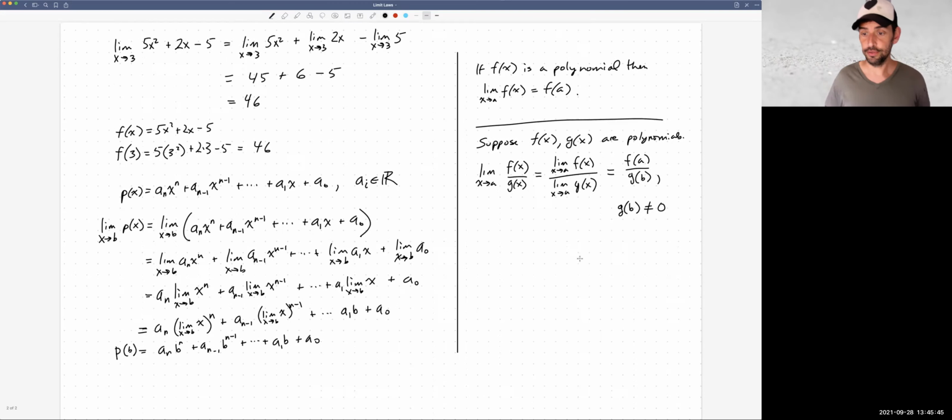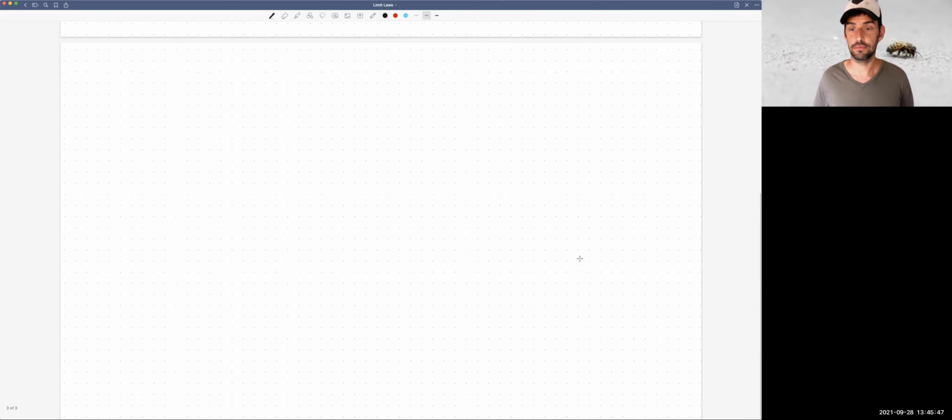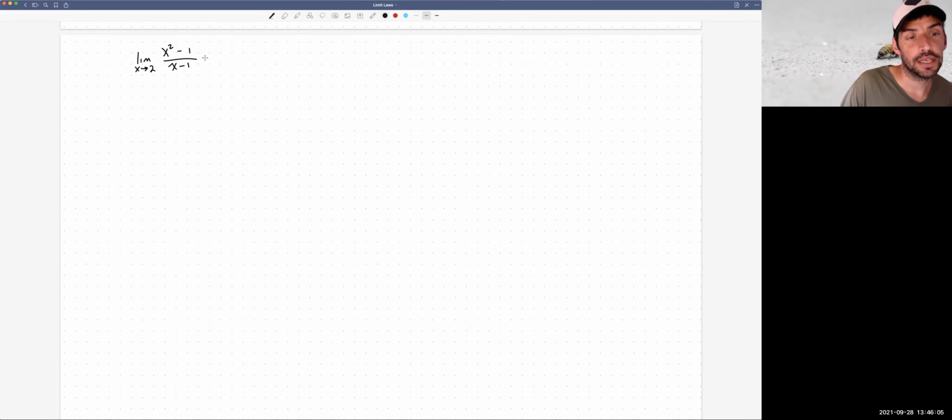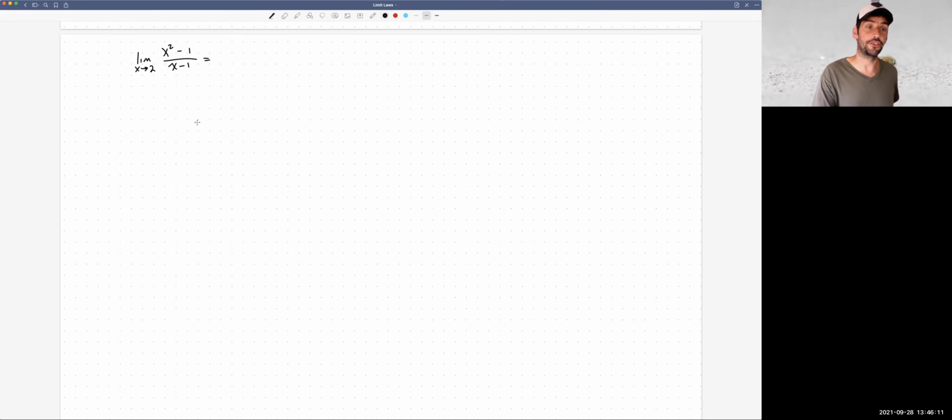So for example, if I take the limit as x goes to 2 of x squared minus 1 over x minus 1, I can apply this rule and realize it is just the evaluation.